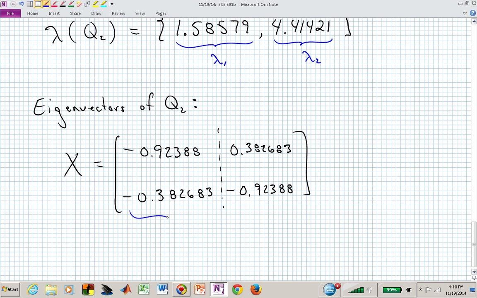Where this first column is the eigenvector associated with lambda 1, the second vector in capital matrix X is associated with the second eigenvalue, lambda sub 2.